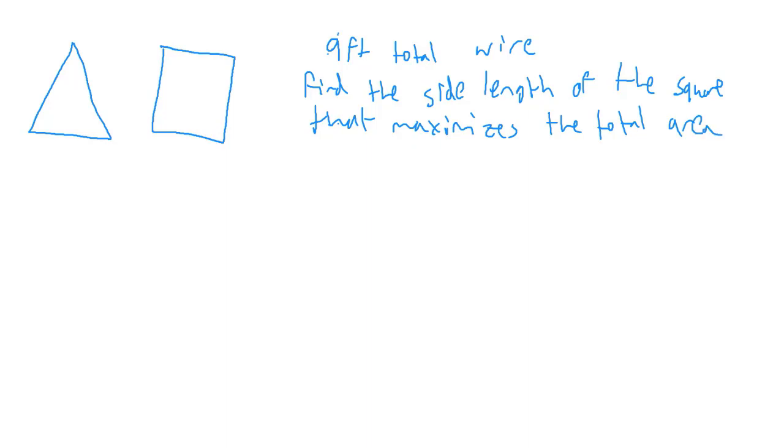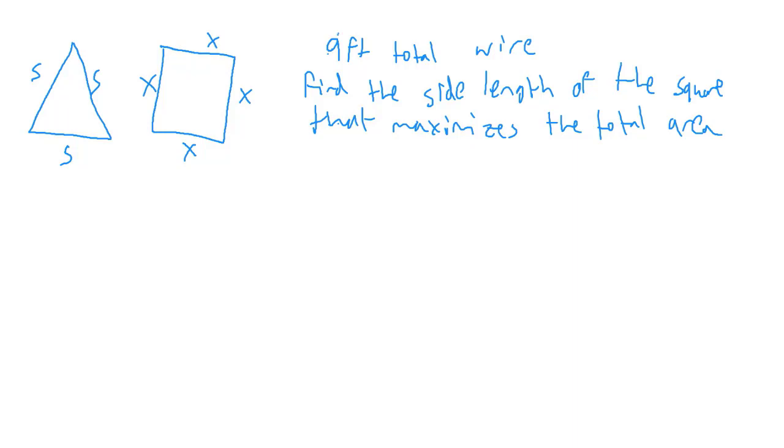So what we can do is, first of all, let's call our square sides x and x, and let's call our triangle sides S, S, S. The first thing we have to note, because these are equilateral, is that all of these sides have to be x, and all of these sides have to be S. But it's important to note that S and x don't have to be equal, right?